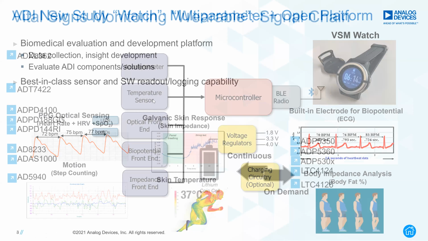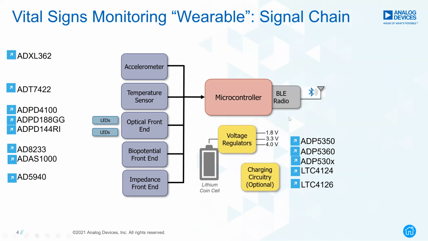This is a more elaborate explanation of what blocks or sensors typically go into a vital signs monitoring application. We've also put together certain parts, which I have shortlisted specifically targeting healthcare and VSM kind of applications.